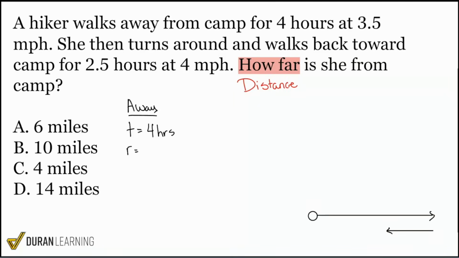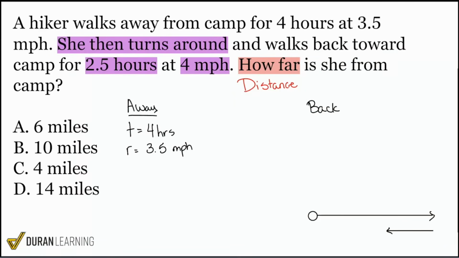Our rate is 3.5 miles per hour. Then on the way back, I'm going to highlight this in purple. He then turns around 2.5 hours at 4 miles per hour. So coming back, that's going to be a time of 2.5 hours and a rate of 4 miles per hour.